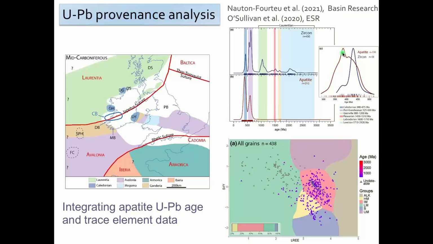And we can put these onto provenance discrimination diagrams where we're able to identify the various types of rocks that these apatites crystallized in. So for example, there are 2 fields here, high-grade and low-grade metamorphic rocks, HM and LM. So there's a large amount of low-grade metamorphic apatite detritus.